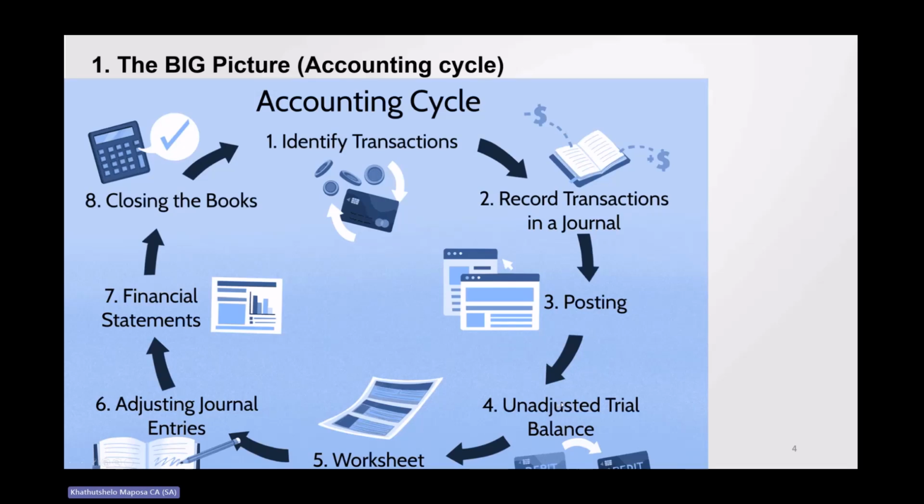And in practice, the trial balance sometimes just becomes a summary of the general ledger, or we can put it that way, that the trial balance is a summary of the general ledger, because it takes all the general ledger accounts and summarizes them in one page, or in one document, or in one place.